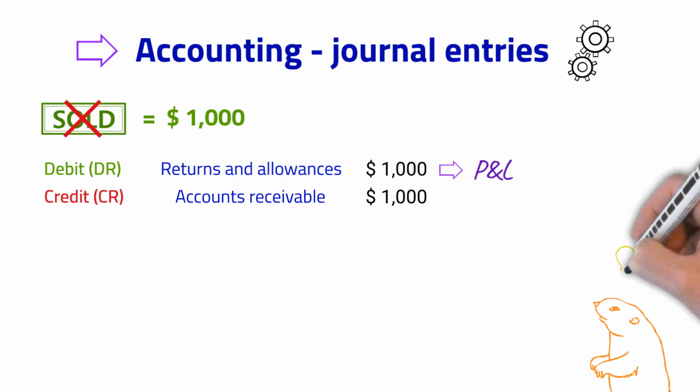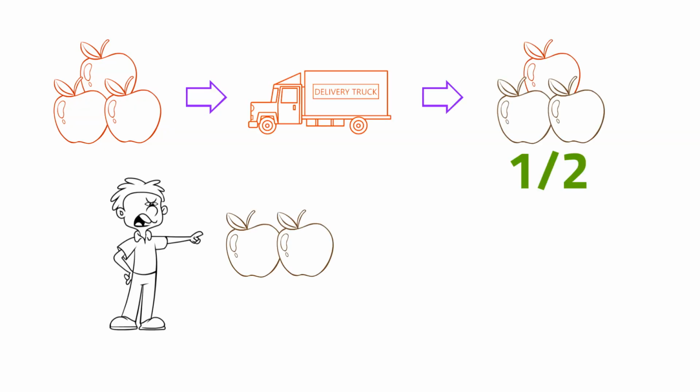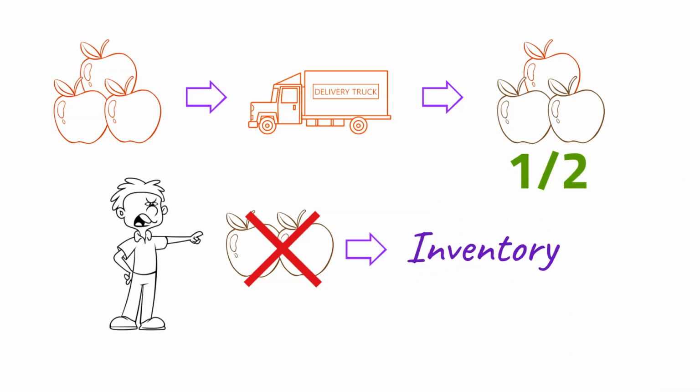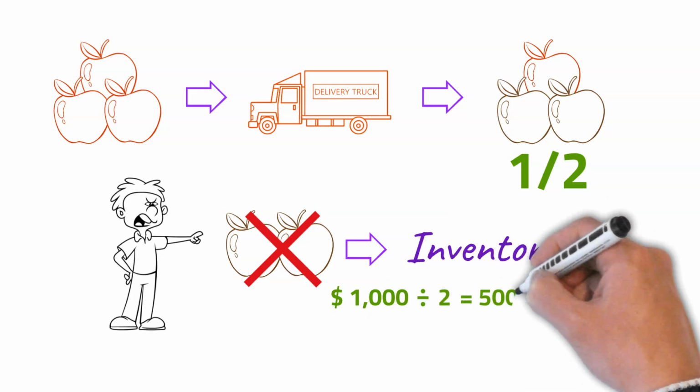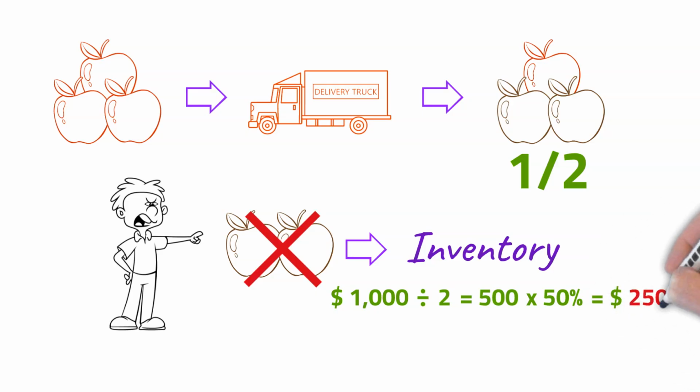In another scenario, only half of apples got bruised and only slightly. We think we can resell them later. Then we reverse half of the sale and put the returned apples back into inventory. Let's assume we were selling at a profit of 50%, meaning for each dollar of sales we had a cost of 50 cents. So returning $500 of apples will mean their cost was $250.